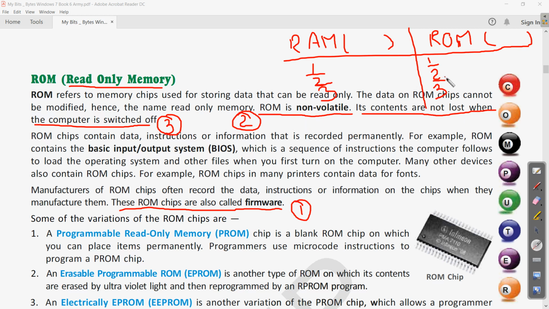This is the second point. Then the third point, in the RAM we have seen that its contents are deleted when the power is switched off. Here in the ROM we are writing that its contents are not lost when the computer is switched off. Clear? So these are the 3 points each about RAM and ROM. I hope we have written.